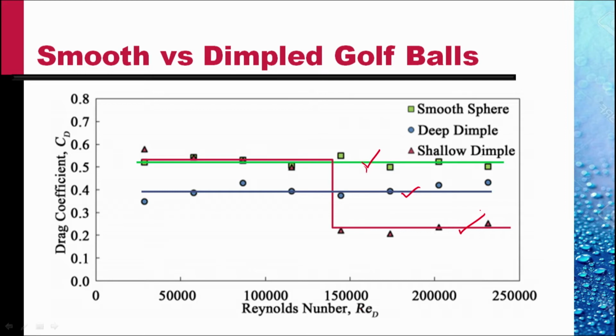This must be because of transition in the boundary layer at a Reynolds number of about 150,000, 1.5 into 10 to the power 5, a factor of 3 lower than that on a smooth sphere. The flow on golf balls when they are hit from the tee is largely at Reynolds numbers higher than that. And so the drag coefficient is low, and that makes the balls go long distances.